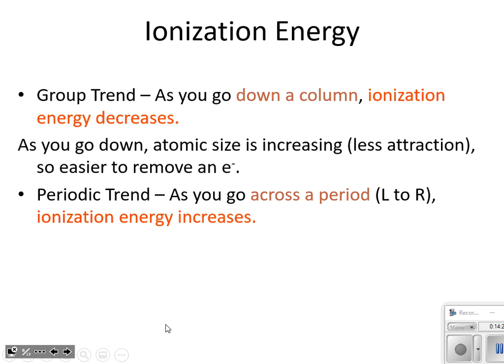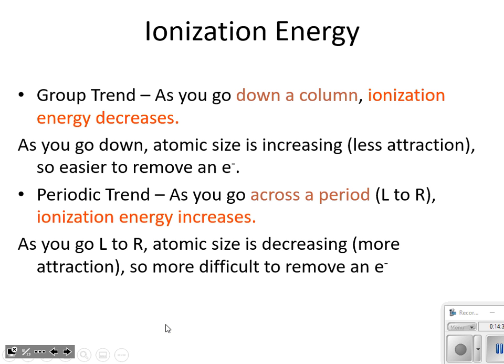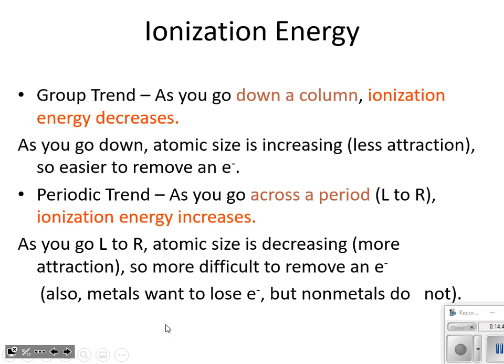Remember, those nonmetals, those noble gases, they don't want to lose electrons, so it's going to take a lot of energy to pull those electrons off. So basically, just like I said there, metals want to lose electrons, nonmetals do not want to lose electrons. That's going to come in handy, that generalization, when we talk about bonding.